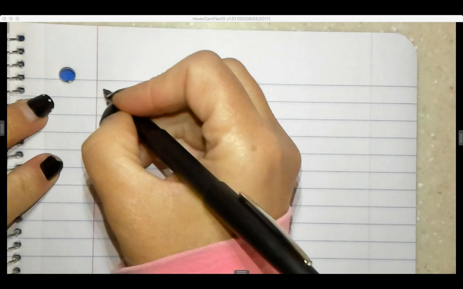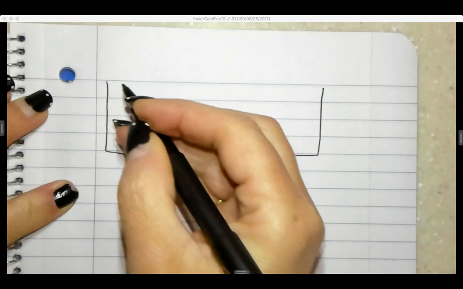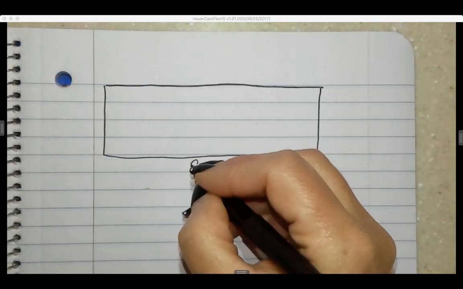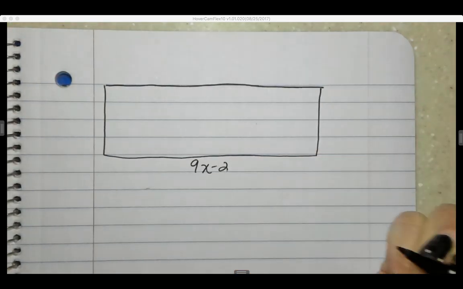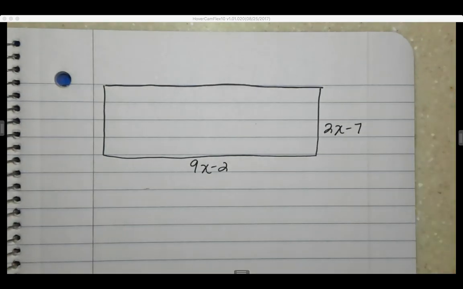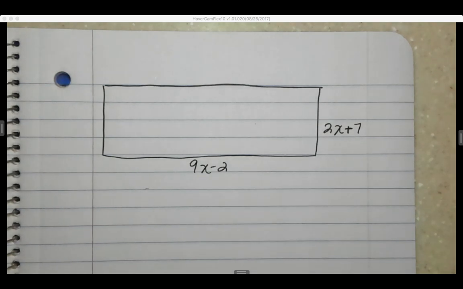Yeah, let's say we've got this big rectangle. There's one like this on your assignment. The dimensions of this guy are 9x minus 2 and 2x minus 7, plus 2x plus 7. But then guess what?